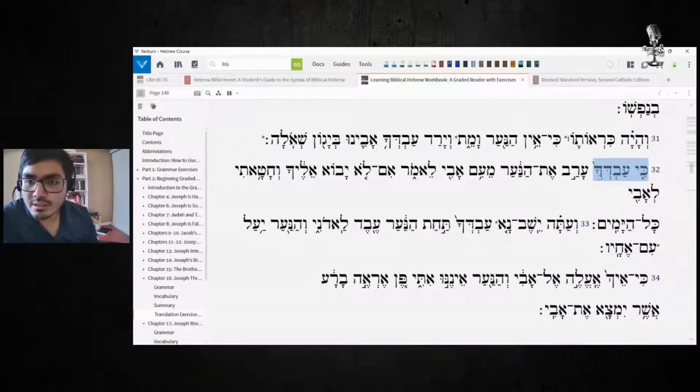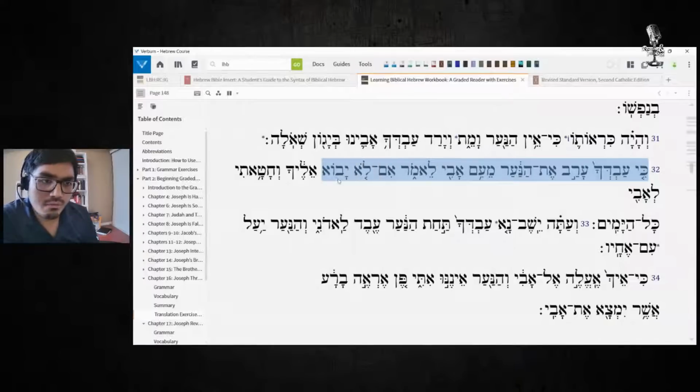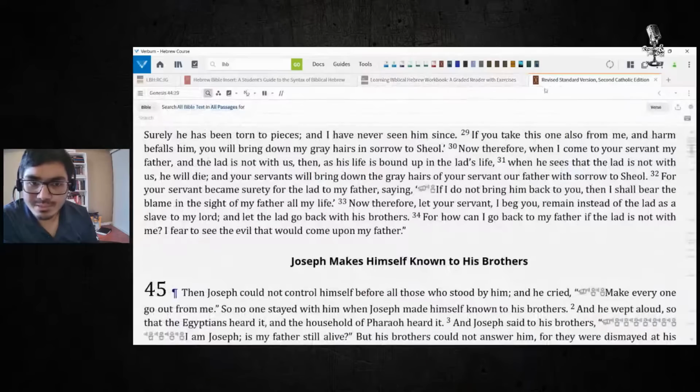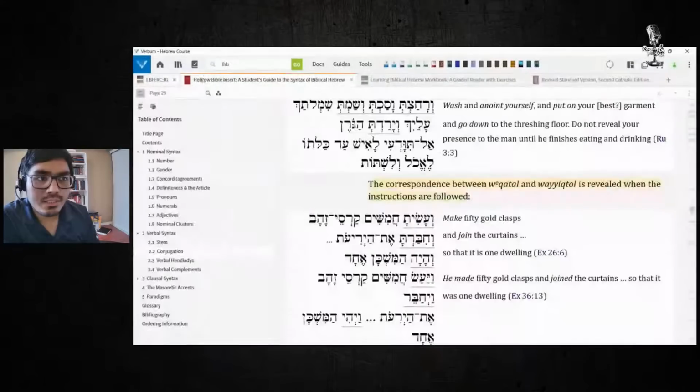Verse 32, Ki avdeka ara et hana'ar me'im avi lemor im lo yavo elecha vechatati le'avi kol hayamim. For your servant, Arav, let me see, became surety.